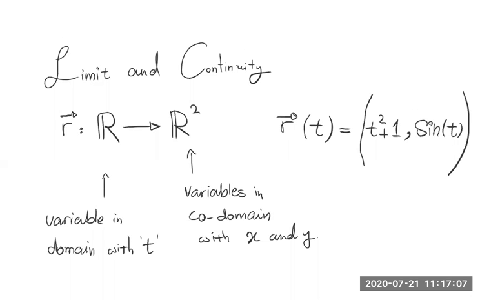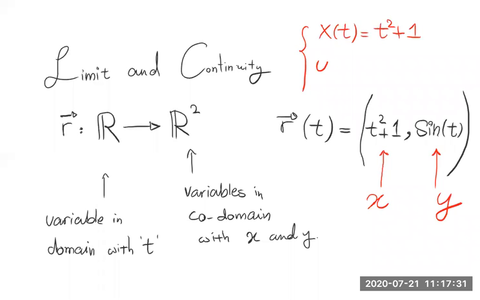You see, our function has two components, first component and second component. I would show the first component with x and the second component with y. So the first component x is itself a function of t, it's t squared plus 1. The second component y is also a function of t, it's sine of t.